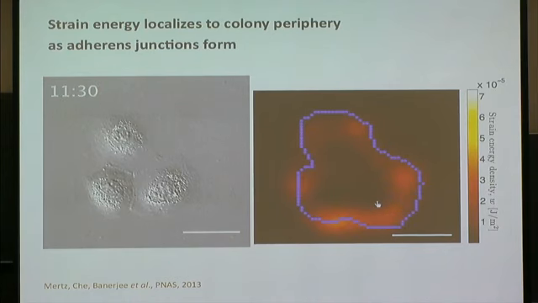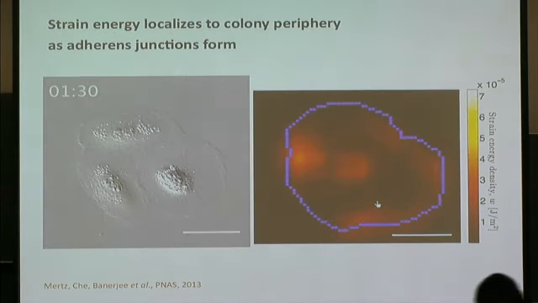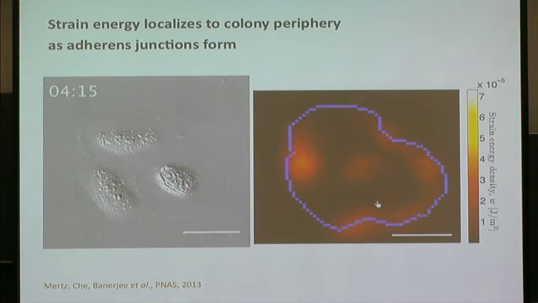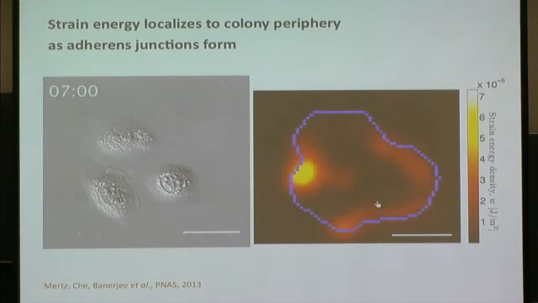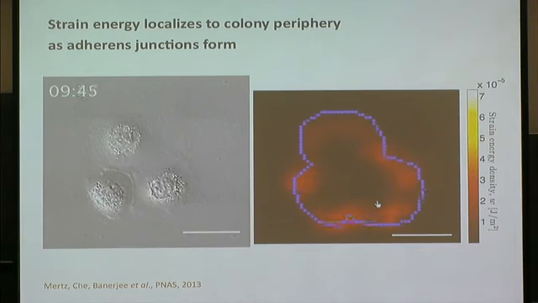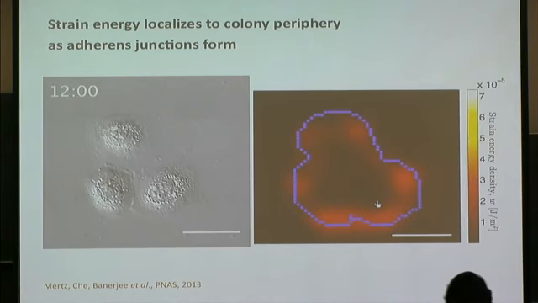I'll play the movie once again. Starting from a very disorganized distribution of strain energy, you see a clear ring emerging at the edges.